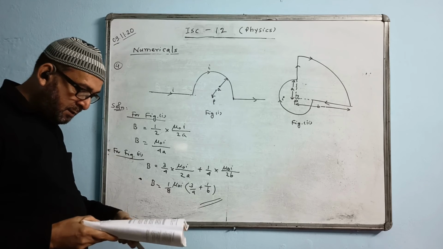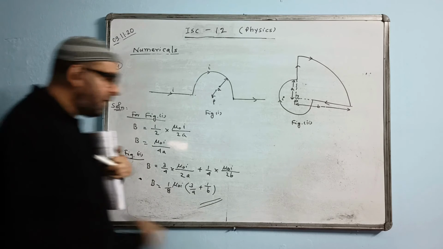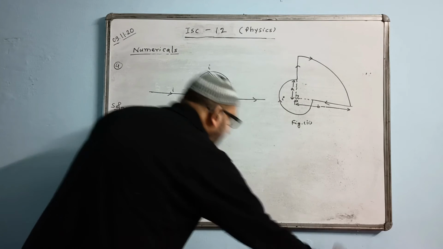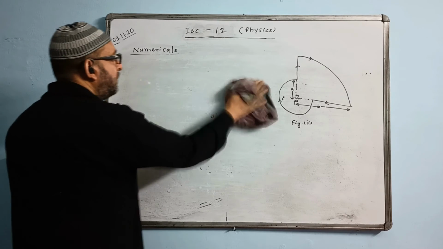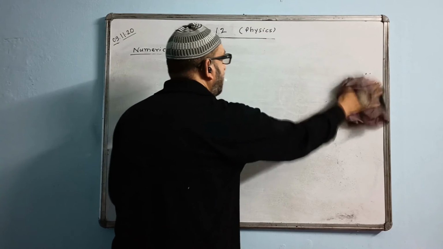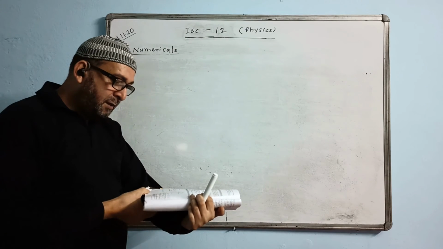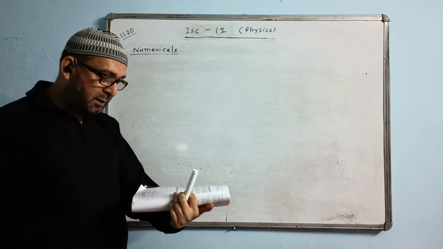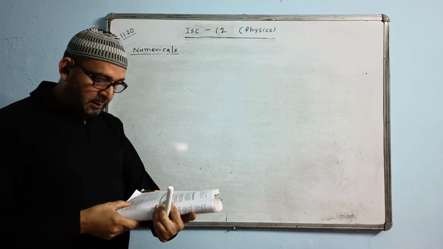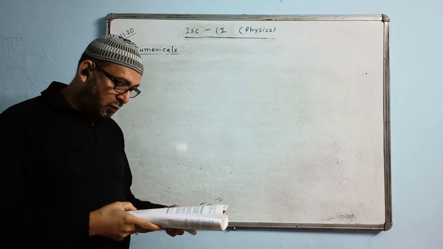Now the question says a power line carries a current of 100 ampere in a south to north direction.